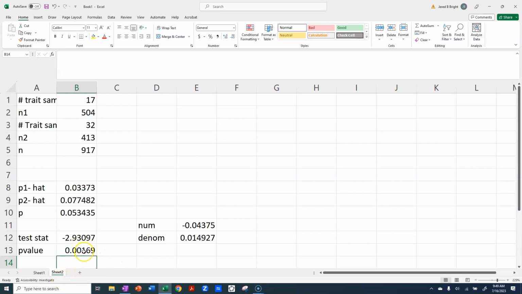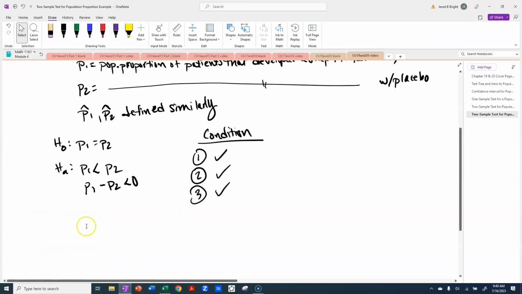Okay, so in this case, we will reject the null, and there is sufficient evidence that the treatment group, that the proportion of those, okay, let's just take a minute and write it out.